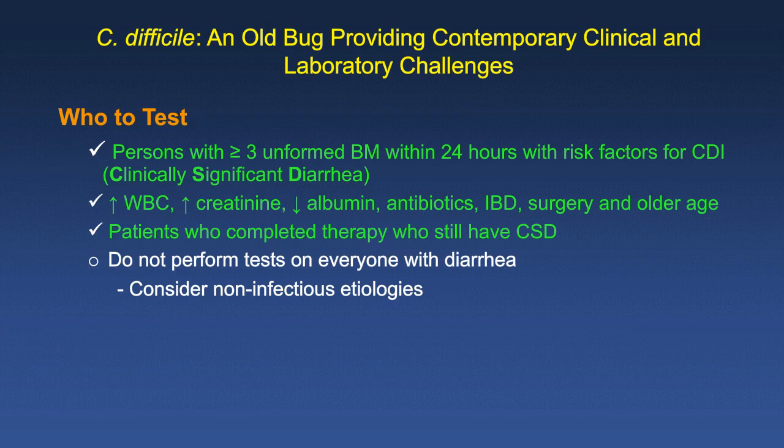Again, risk factors for CDI, certainly having systemic presentations as noted here. And again, patients who have had disease, who have not responded to treatment and still have clinically significant diarrhea, are patients that we want to look at very much.